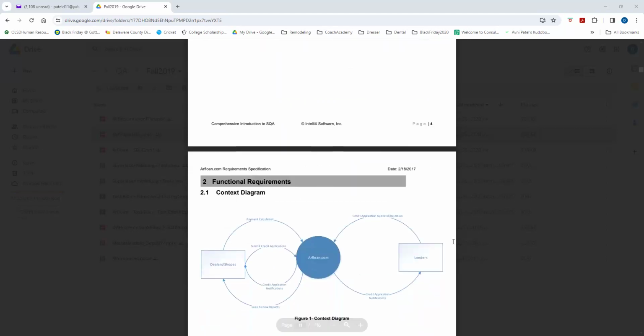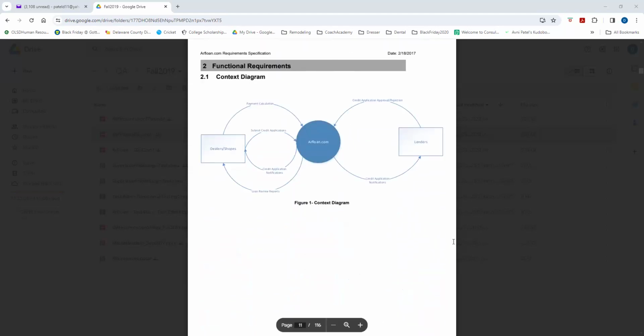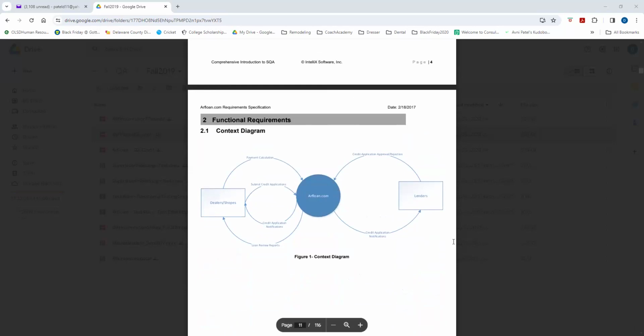It's important here. So this is a typical software requirement document. If you are dealing with the waterfall methodology, you will get something similar for every project. Now, if you are working on agile, we'll talk about agile a little bit down the line, maybe after a couple of sessions.